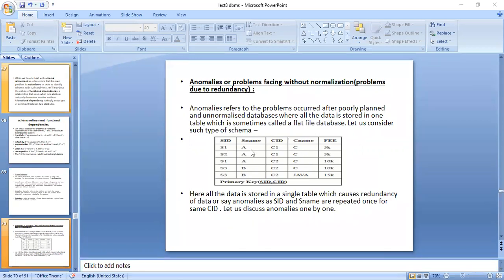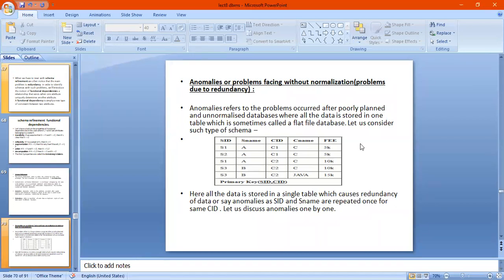The fees are 5K, 5K, 10K, 10K, and 15K. The primary keys are SID and CID.